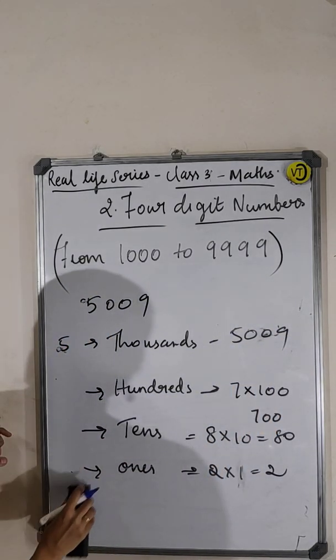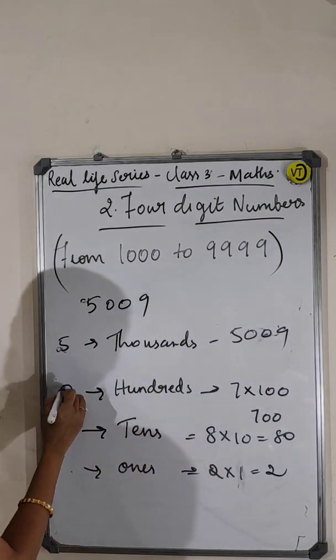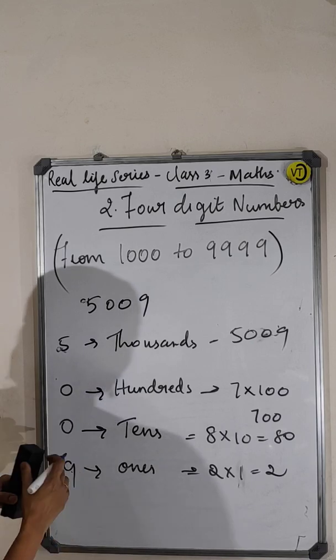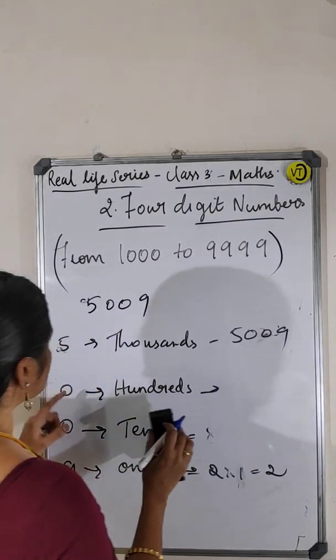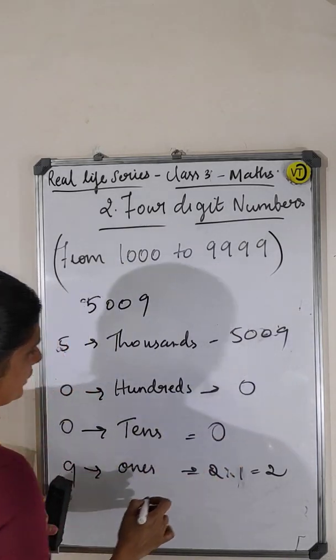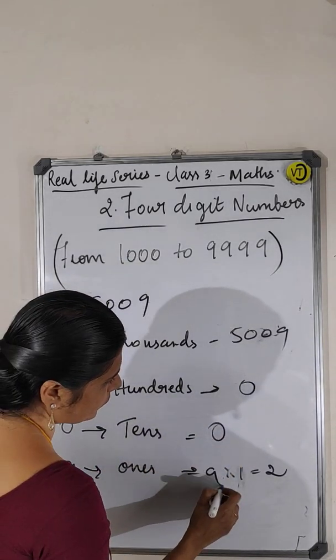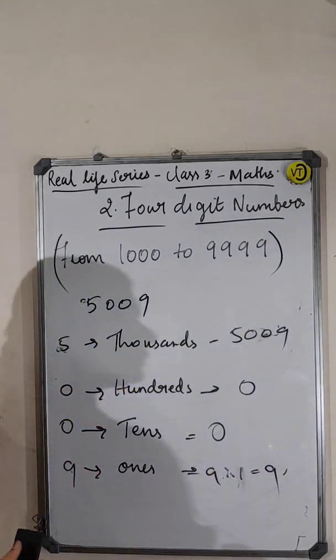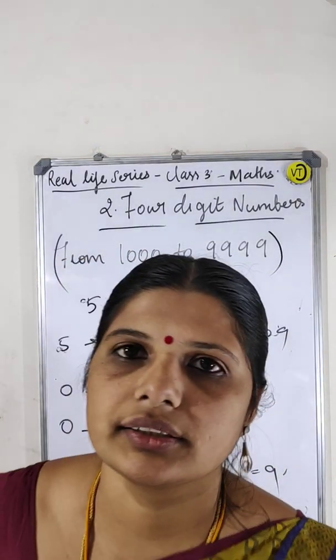For 0, what is this? This is 0, this is 9. Hundreds, 0 only. Tens, 0 only. Then 9 in the ones place is 9 into 1, which is equal to 9. So that is the answer.